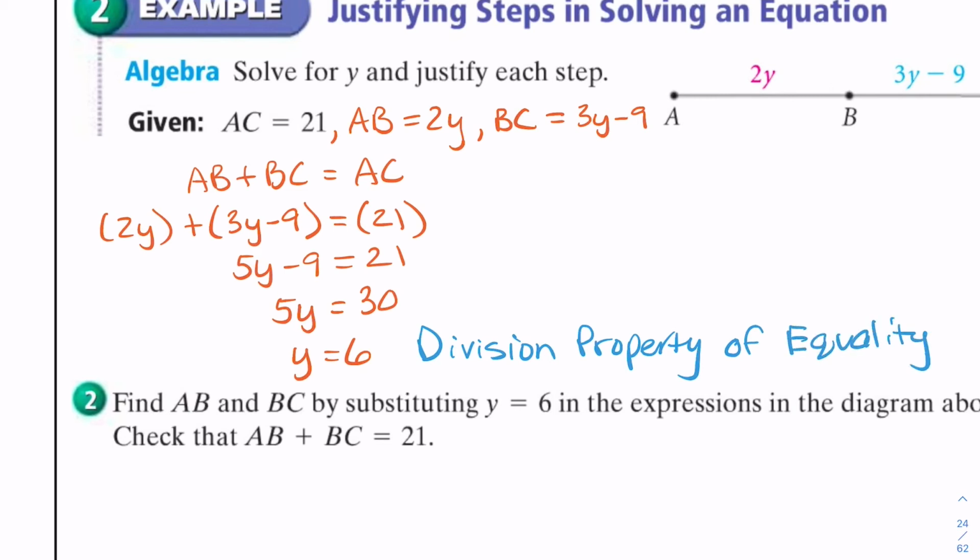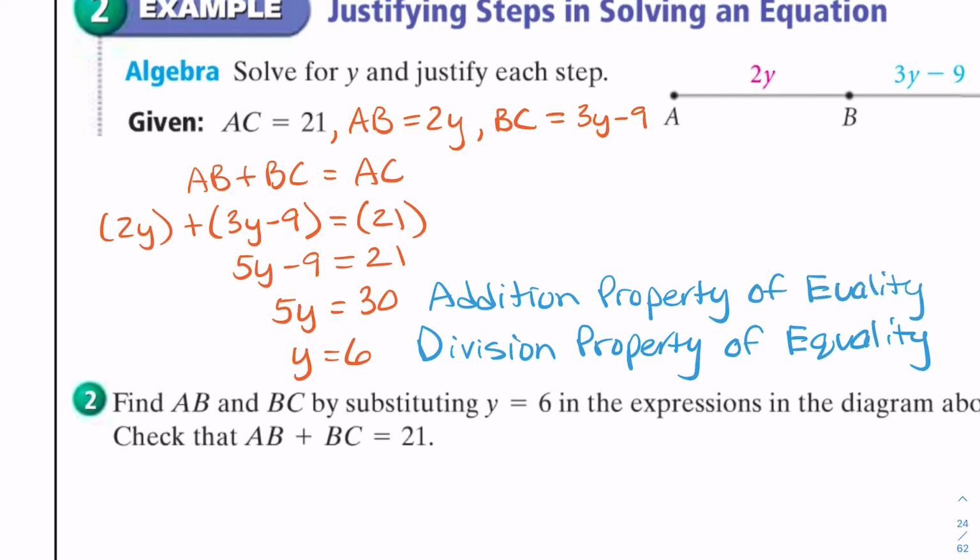And remember, we're concluding what happened from step 1 to step 2 here. How did I get from here to here? Well, it looks like I added. So this was the addition property of equality.